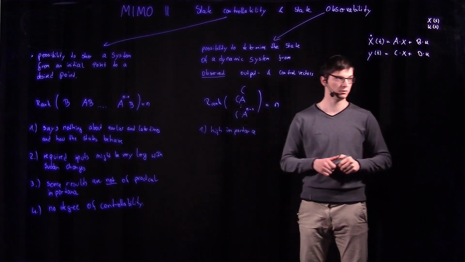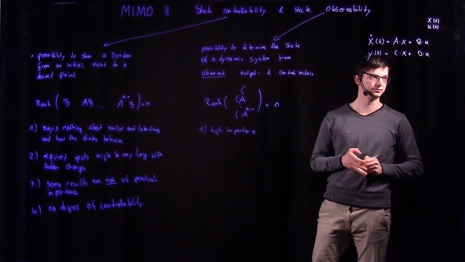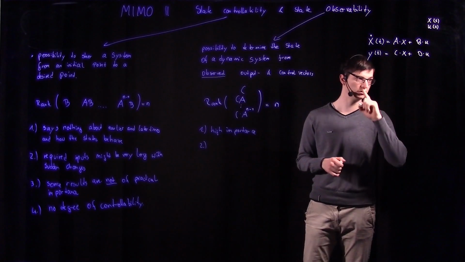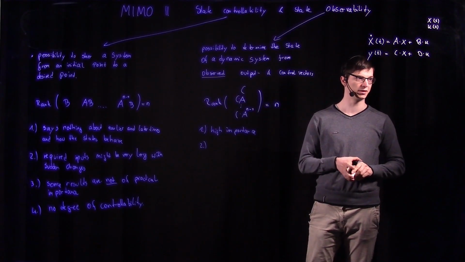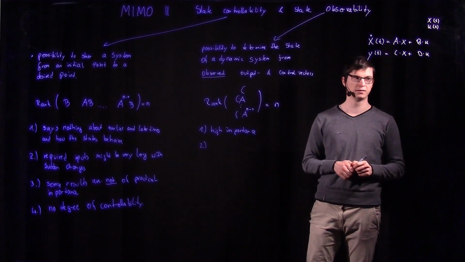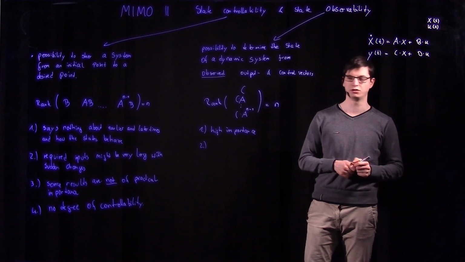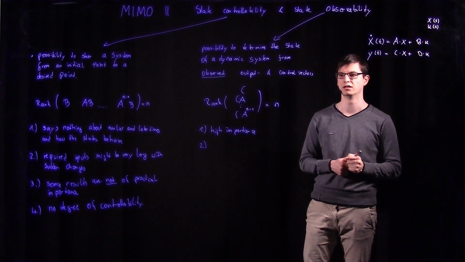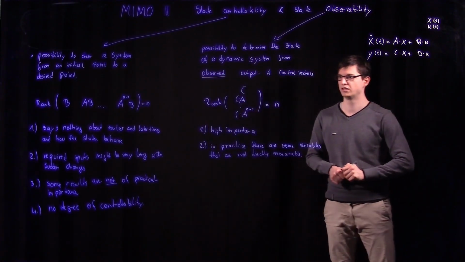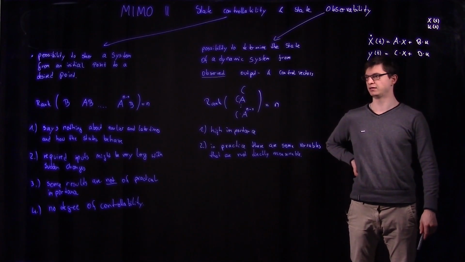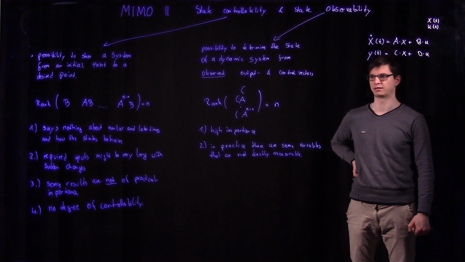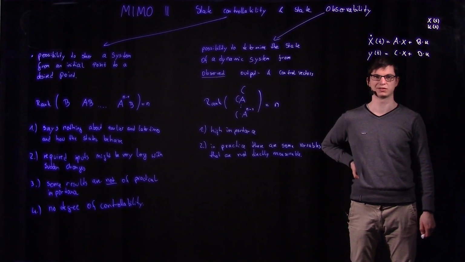Why is this? In practical usage, you have some state variables that are not accessible by direct measurement, and therefore you need this observability result. This is the theory part, and in the next video we would like to have some more practical examples.